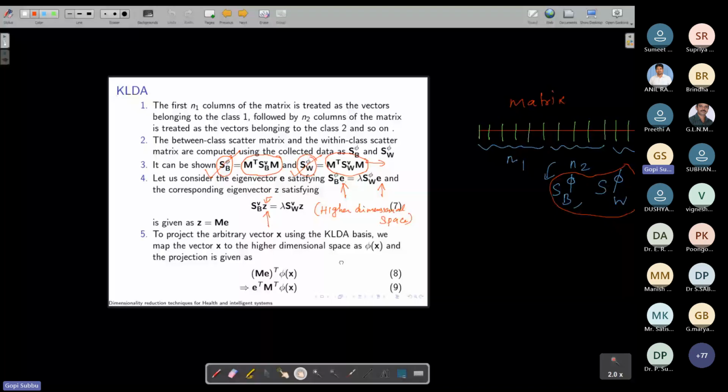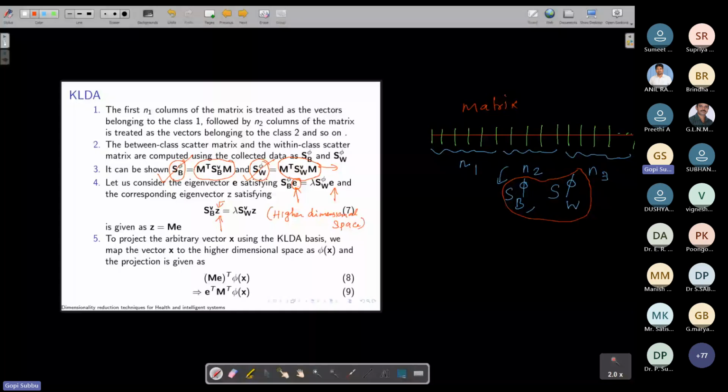Experimentally, we need to compute only E, but we get the vector in the higher dimensional space Z as M into E, where M is the matrix constructed using the vectors in the higher dimensional space, right? So M is having the vectors in the higher dimensional space. After projecting to the higher dimension, the vectors are named V1, V2, V3, and so on. This is a matrix, right?